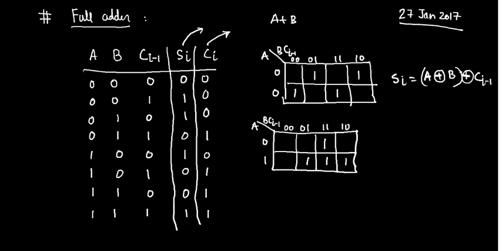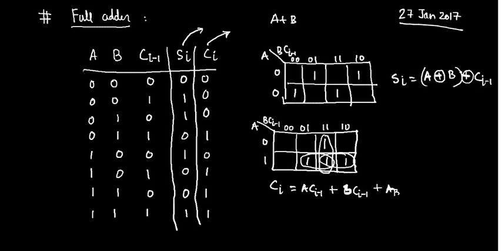Yeah, we can calculate it here. Now this will give me some expression for Ci. What is that? A Ci minus 1, or this one B Ci minus 1, or what is this? A B.